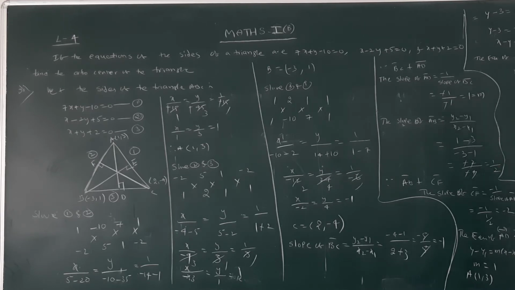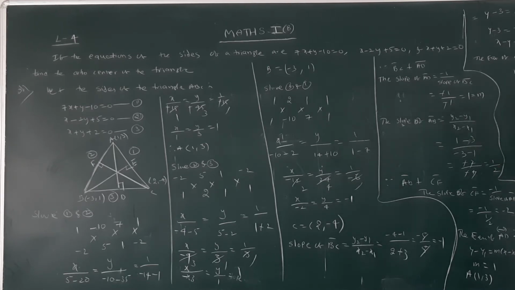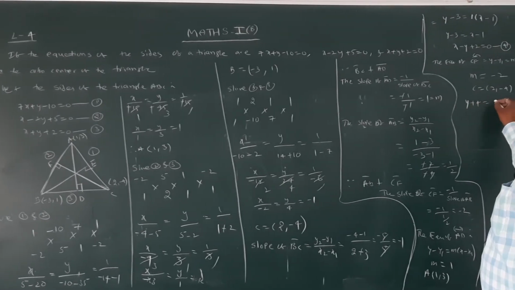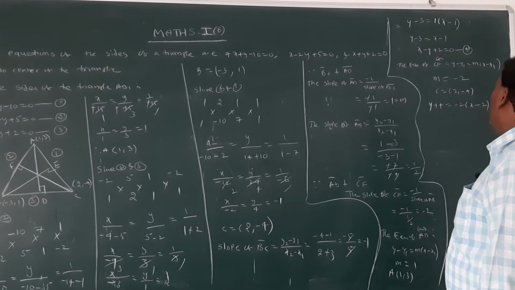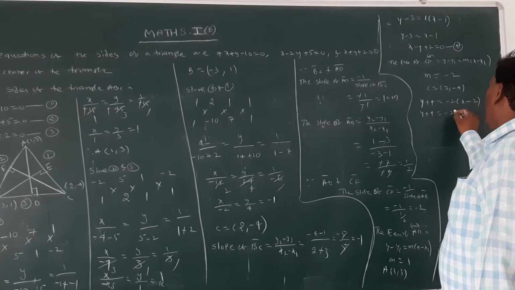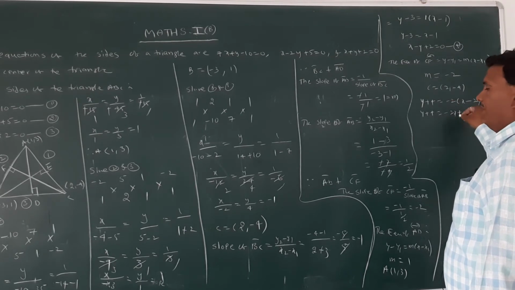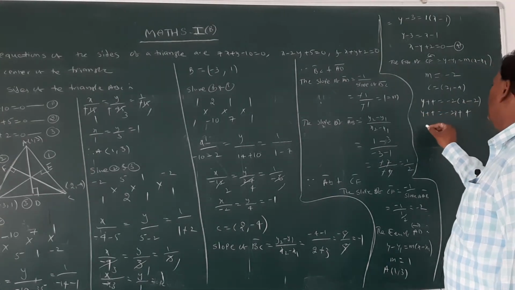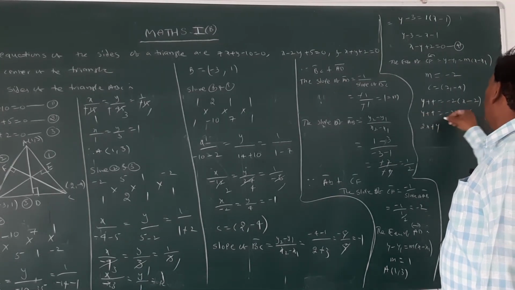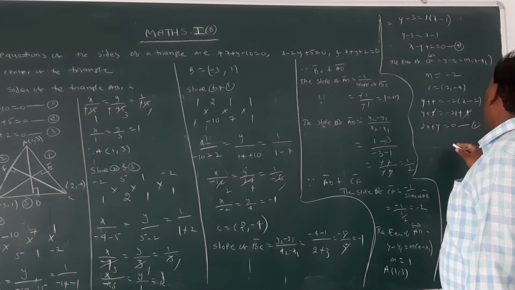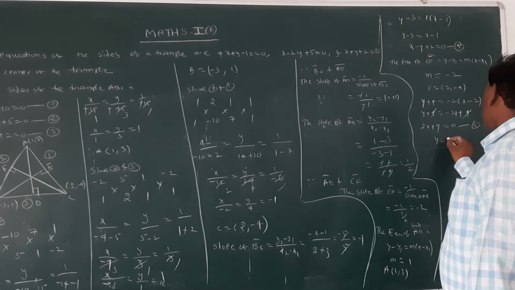Next, the point C is 2, minus 4. So y minus into minus plus 4, y plus 4 is equal to minus 2 into x minus 2. Minus 2x, minus into minus plus 4. Minus 2x goes to the left side and becomes positive: 2x plus y, the 4 cancels, is equal to 0. Equation number 5.